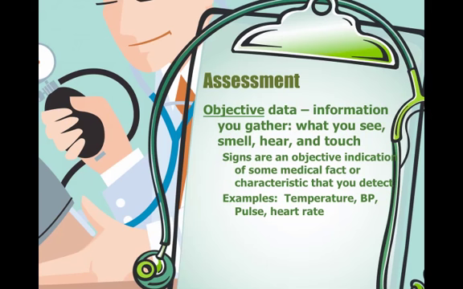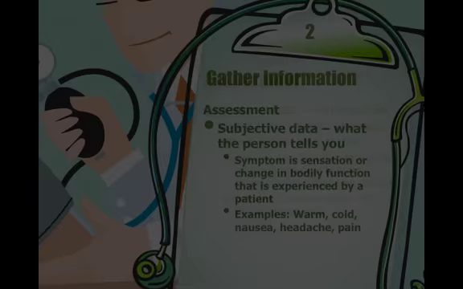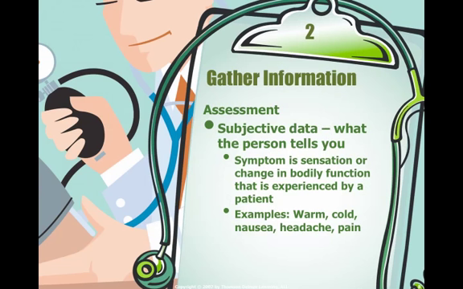So when you're gathering information, and part of that assessment is that subjective data, and as I said, it's whatever the person tells you, because it's subjective. It's like pain. As a nurse, I know that when I go into the patient's room, and the patient states that they're having pain, maybe a scale of 8 on a scale of 1 to 10, I have to believe them that whatever they're telling me is correct.